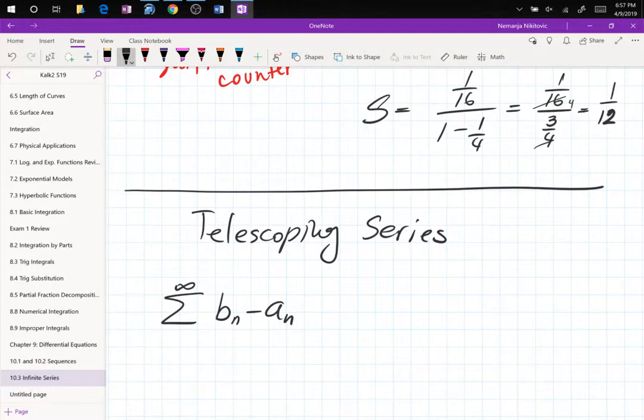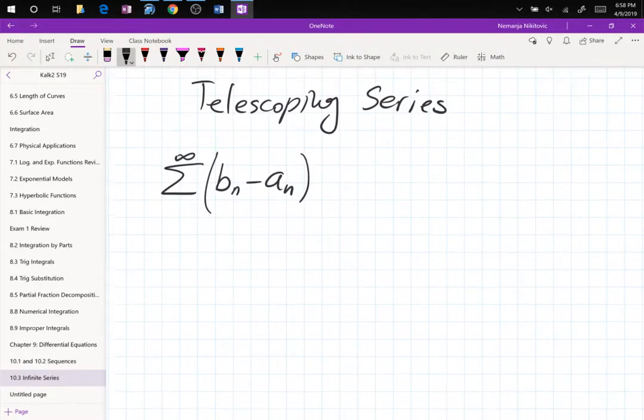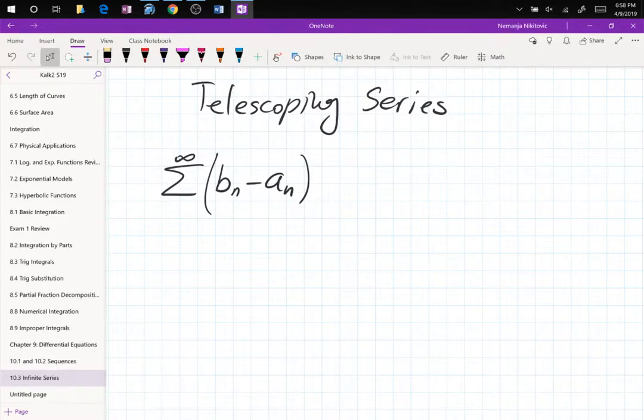Row number 3 in your table, telescoping series. Now, I use the BN and AN, and they're using BN and BN plus 1. Fine. We can use that notation as well. You will recognize telescoping series when you see a minus sign. Is that obvious? There's a minus sign there. So there are no formulas here.